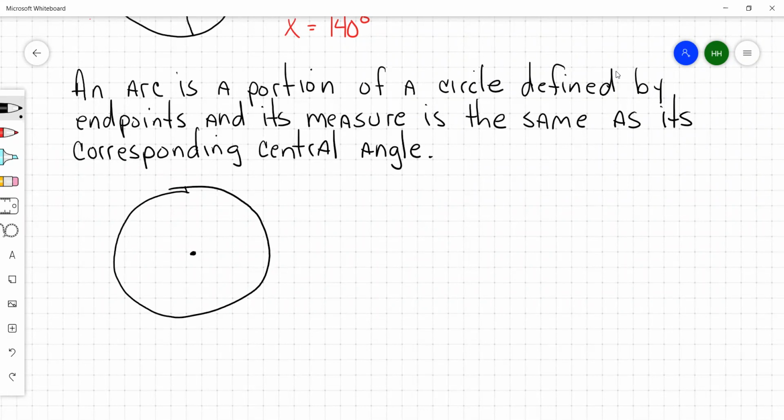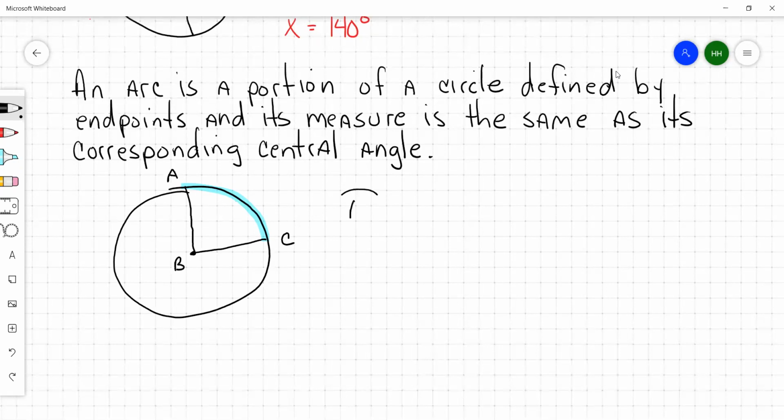and that circle has a central angle here, ABC. This portion of the circle right here, the blue portion of the circle, that's called an arc. And here's your symbol for arc.